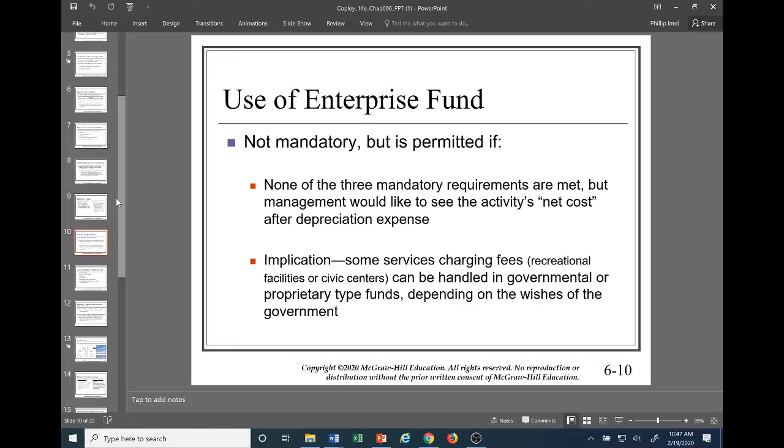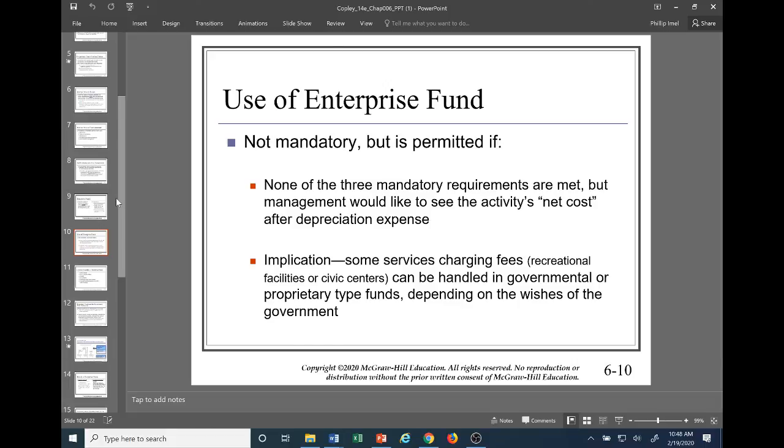Okay, the use of the enterprise fund is permitted but not mandatory in these two situations. If any of the three mandatory scenarios are there, we have to have it. This one says we're permitted to use it, but it's not mandatory. So if none of the three mandatory requirements are met, but management would like to see the activity's net cost after depreciation expense, use an enterprise fund.